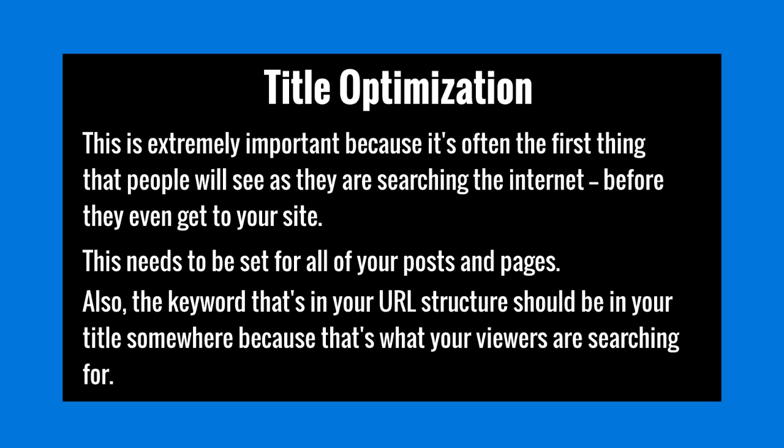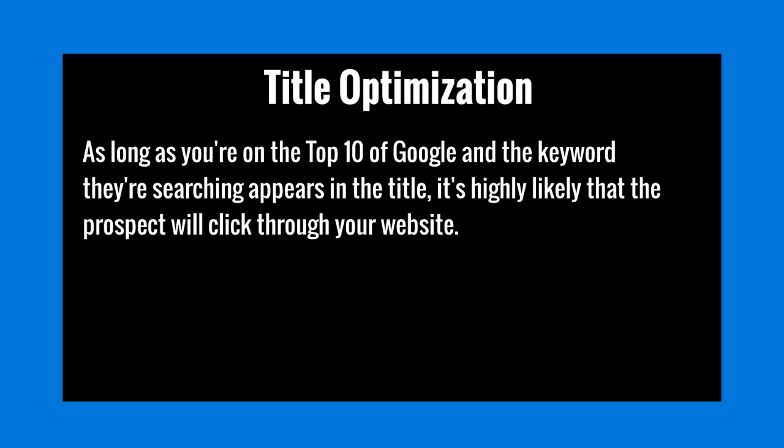And all they really care about is, they don't really care about you. They care more about the customer, who is the person who is searching, right? So as long as you're in the top 10 of the Google search engine for that keyword, and that keyword is appearing in the title, it's highly likely that the prospect will click through to your website.